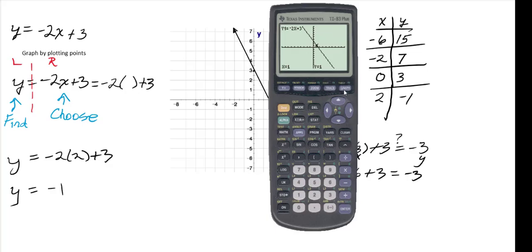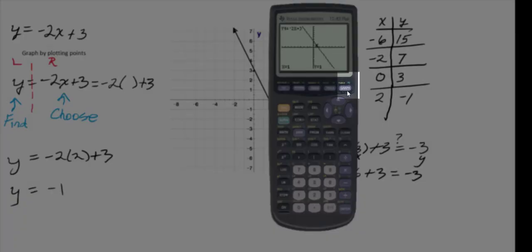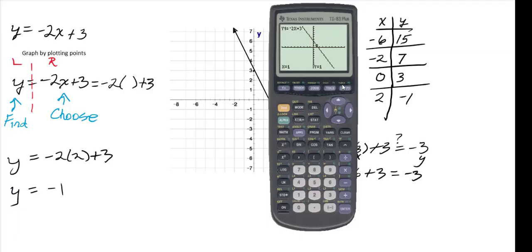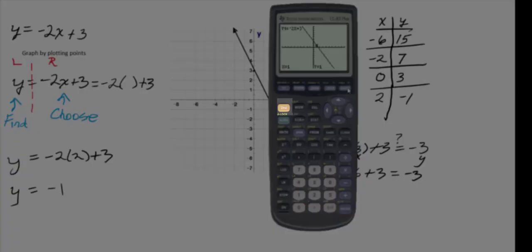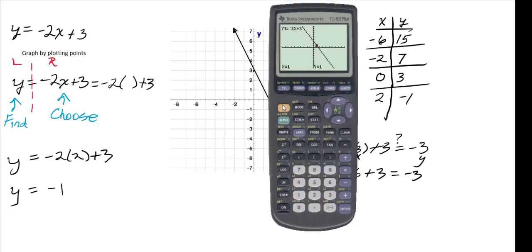So to find the table feature, you're going to go to the graph button, but because table is written on top of the graph button in yellow, you're going to need to press the second button on the left of the calculator here. So second, and then graph, and then this table appears.